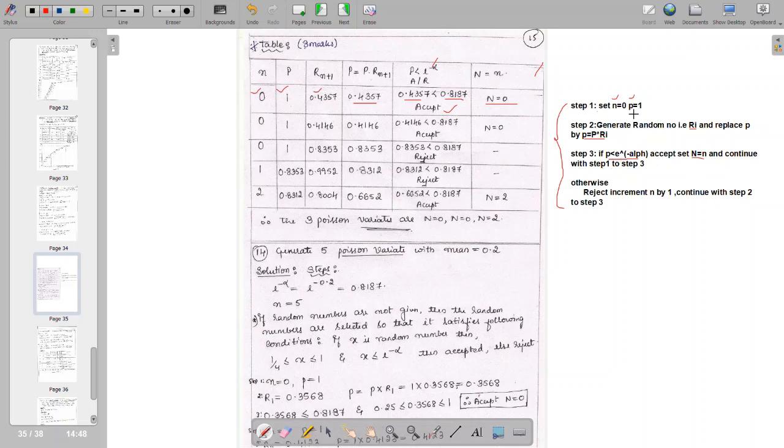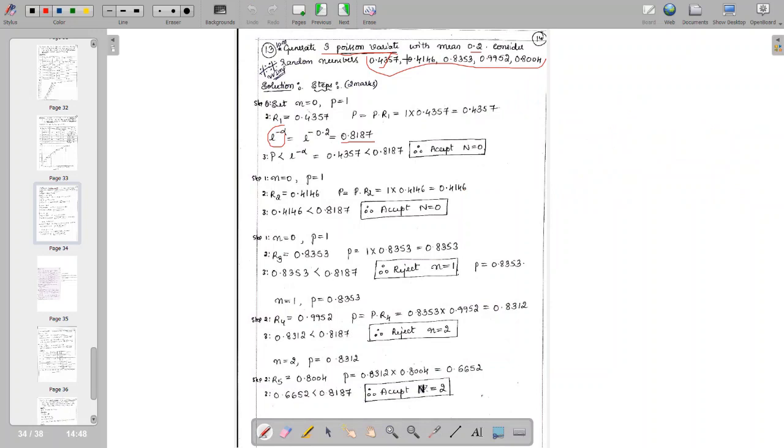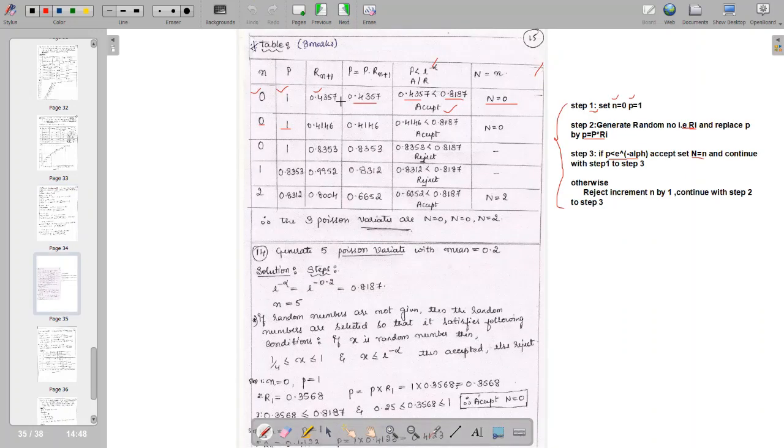Again we need to repeat this step from 1 to 3. The first step says n equal to 0, p equal to 1. Then second step says generate random number ri. The second random number generated is 0.4146.